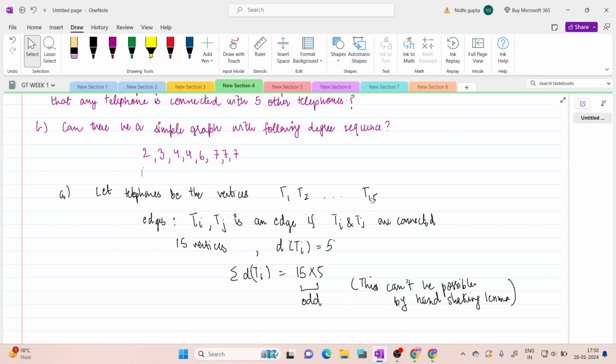No, that condition is not sufficient. It is only a necessary condition. What you are saying is the converse. We have said that if G is a graph, then the number of odd vertices should be even. But the other way around is not true. If in a degree sequence the number of odd vertices is even, we need not always have a graph. So the converse need not be true.